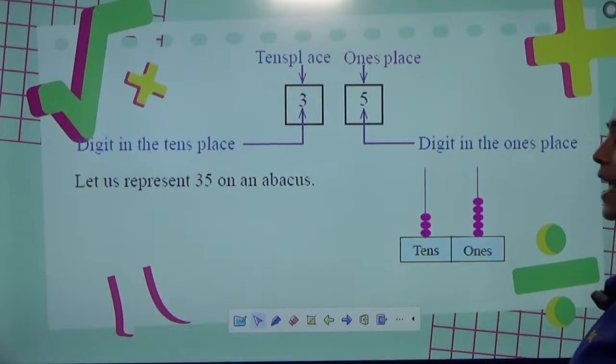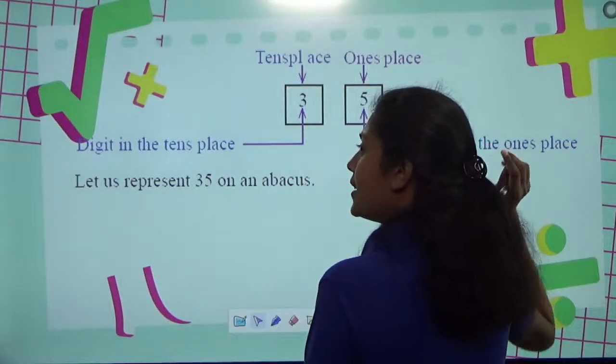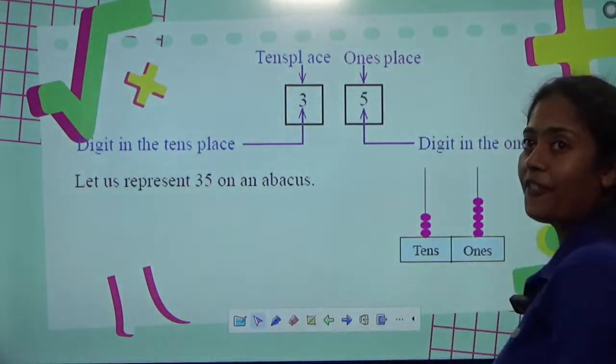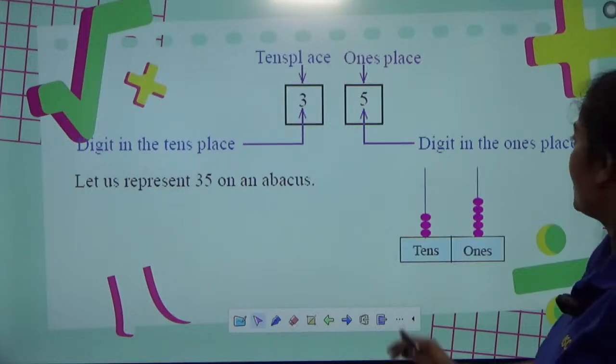Now what is this hand? This hand is the right hand. From the right hand side to the left hand side we are giving place values. Is that okay? Yes. Right.